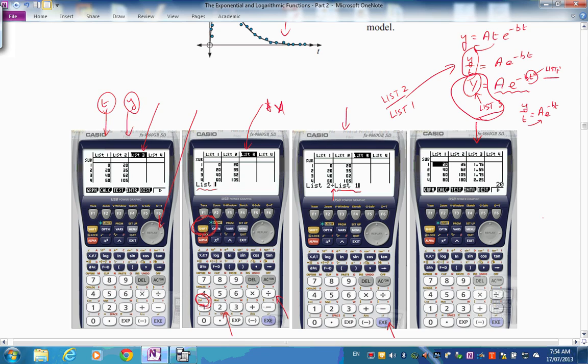So now you would have to set it up for, let's say, graph 2. So the x list would still be list 1. The y list is the big y, y over t, which would be list 3.